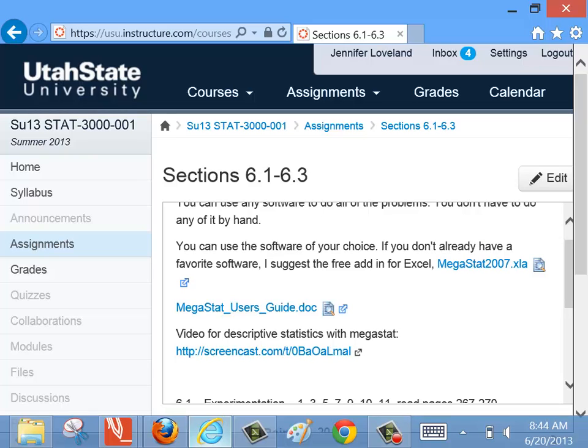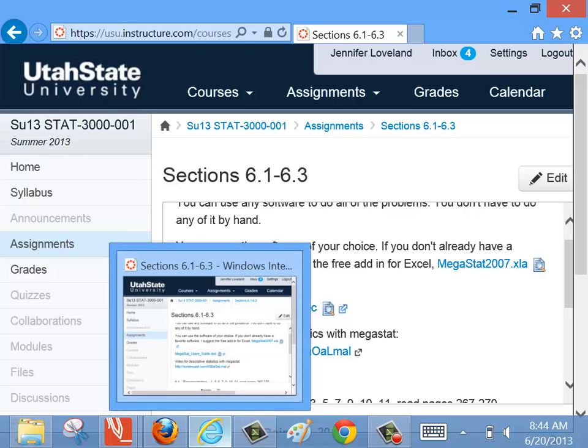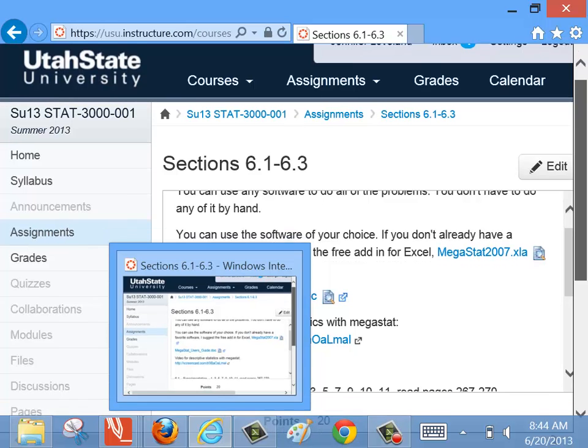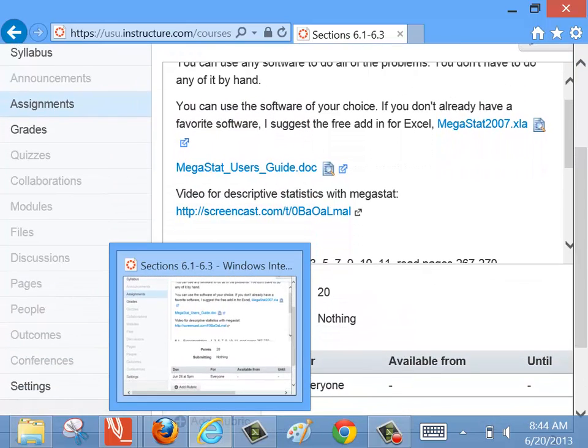You could even pay a lot if you wanted something else. But this is a free plugin to Excel. It's really easy to use, very much point and click. It's called Megastat. It's free. I put it up on the assignment page. All you have to do is download it and open it up and make sure you say enable macros when you do. I put up a user guide, and I even made a short video last night to show you everything that you need to be able to do for Megastat to do the assignment. So you can do it there.